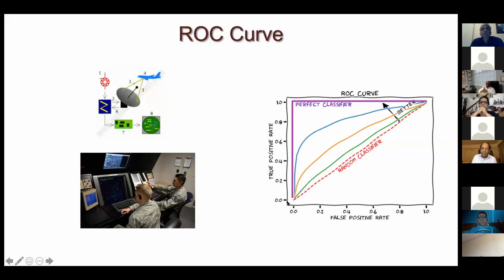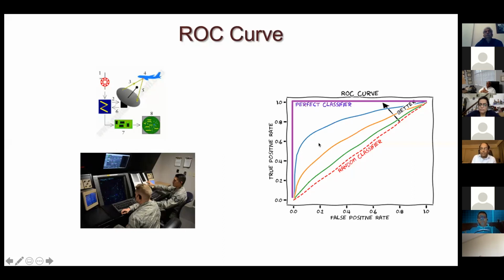A perfect classifier is like this purple line at the top, where the sensitivity becomes 100% without any rise in the false positives. Of course, that doesn't happen, but that would be a perfect classifier. Mostly what we get is something in between, like the blue line or the orange line, but the blue line would definitely be better.